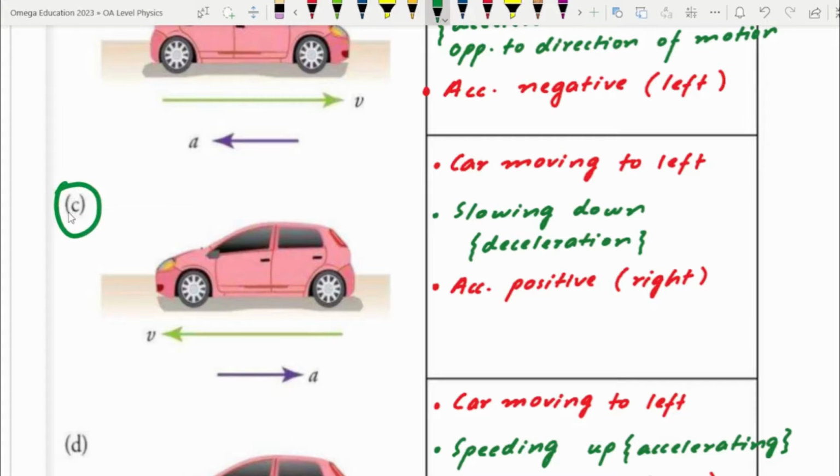Exactly in this one, you'll get to know that deceleration and negative acceleration will not be the same thing, especially in the last two examples. The situation is, you have a vehicle which is moving towards the left side and the object is slowing down. That is given as part of the information.